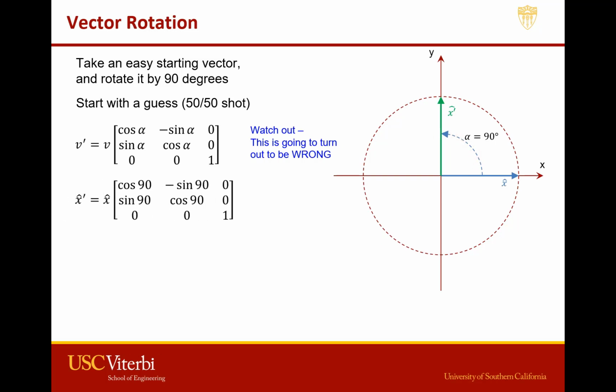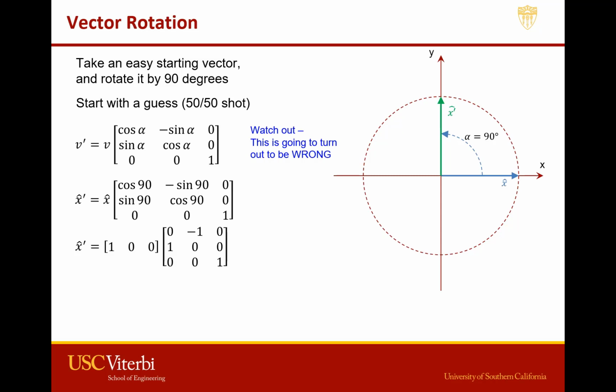Let's do that. So fill in 90 degrees for our angle, and for our vector, I'm going to put in a unit in the x direction. So the cosine of 90 is 0, and the sine of 90 is 1. So I fill this matrix in, and here's a unit in the x direction as a vector. If I multiply these out, what do I get?